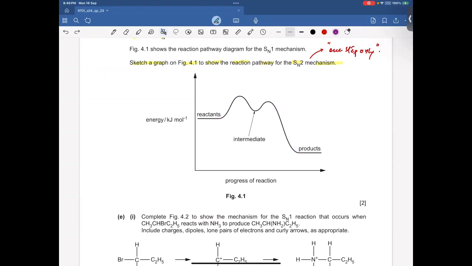This is the one step reaction for SN2. All right. Okay, this is the SN2 reaction pathway. And this is the SN1 reaction pathway.